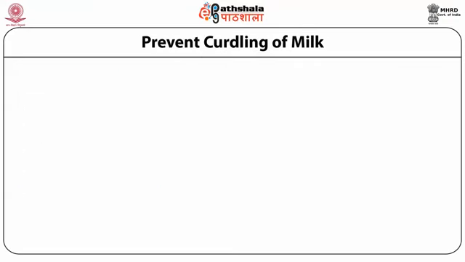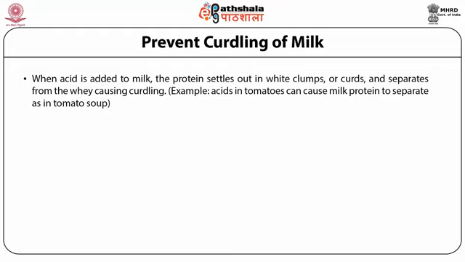Let me come to the first concern, that is curdling of milk. When we use milk with acidic substances like tomatoes, when tomato soup is to be made, or any other substance, if it curdles or separates into clumps, the taste of the recipe gets destroyed.